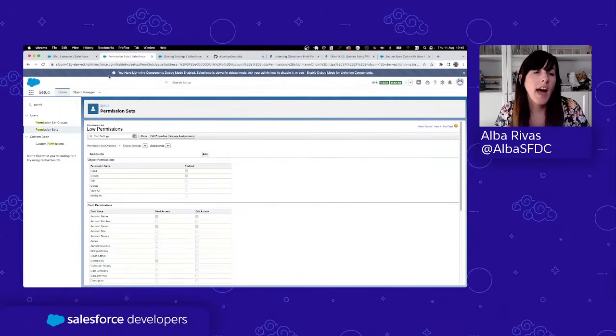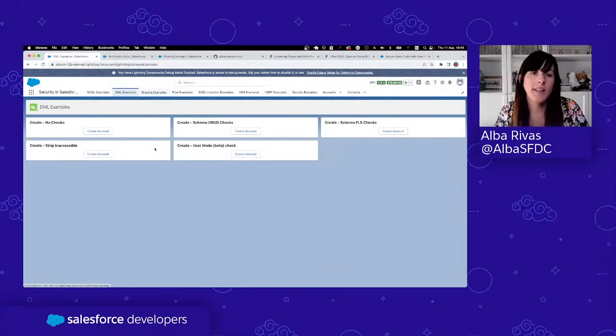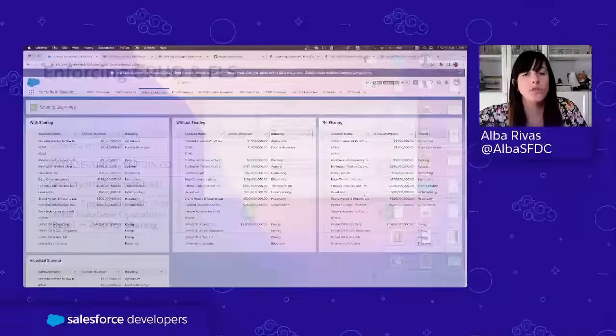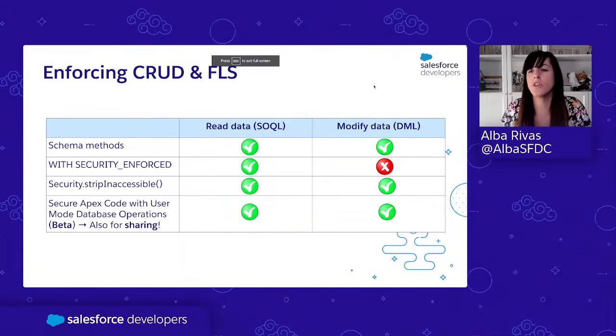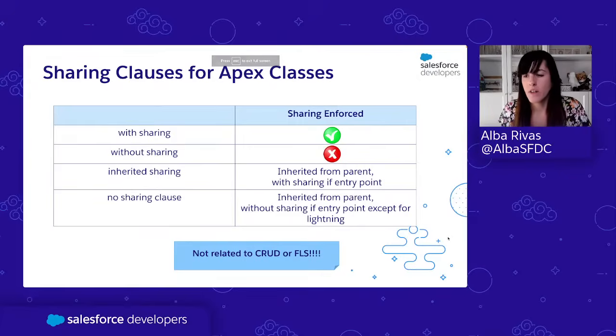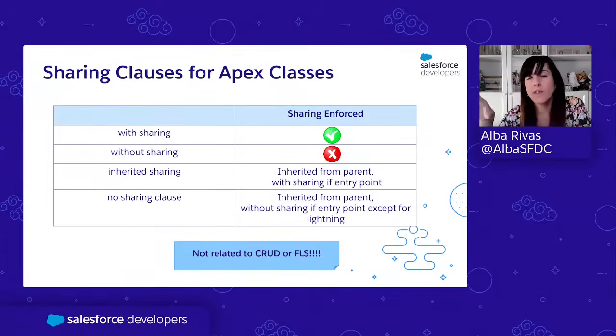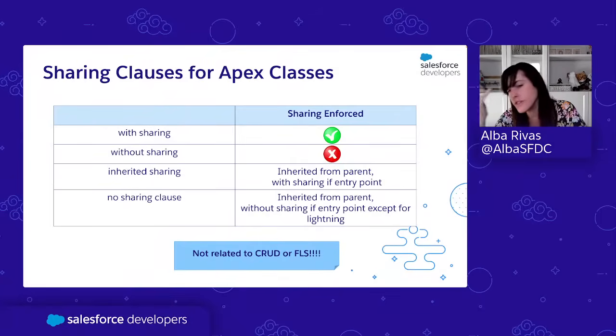To finish, I want to talk a little bit about sharing, about how to enforce record sharing. For that, I'm going to go back to the presentation again. So you're probably familiar with this, okay? To enforce sharing in SOQL and DML operations, you add a sharing keyword to the class in which you are performing those operations.